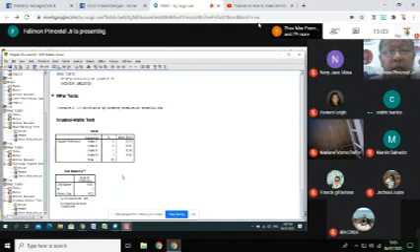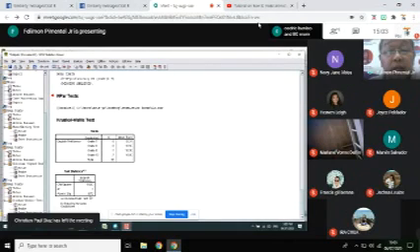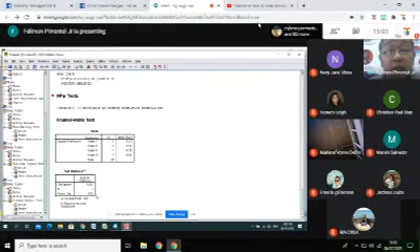So you have now the Kruskal-Wallis. The asymptotic significance is 0.672. Again, that is greater than 0.05. So if it is greater than 0.05, it is not significant.